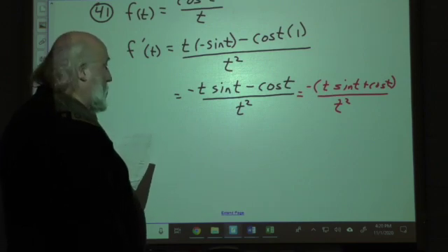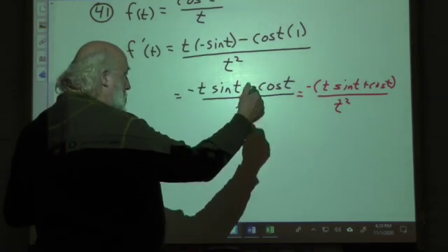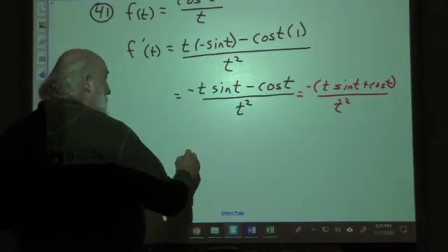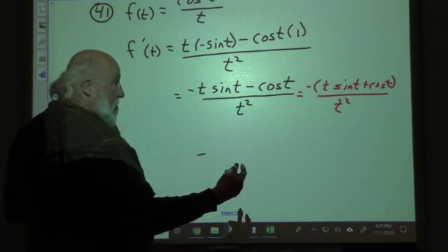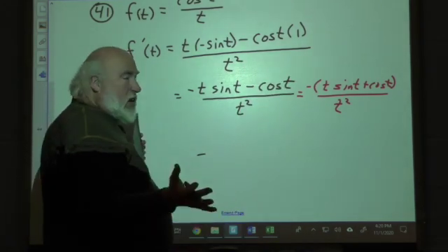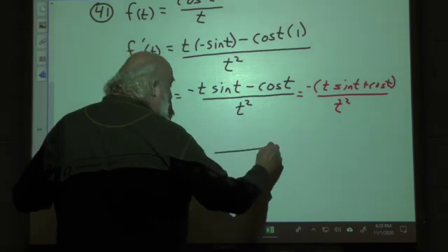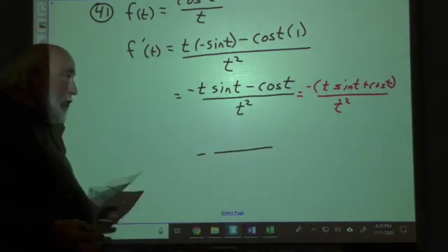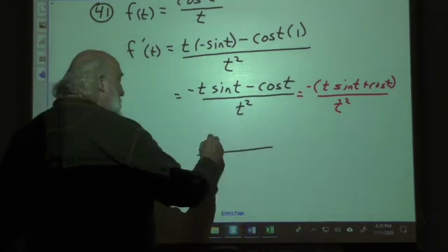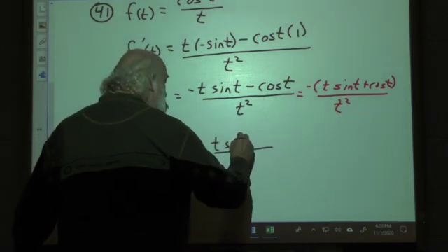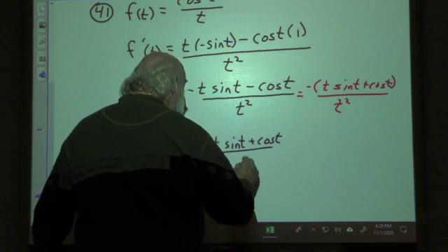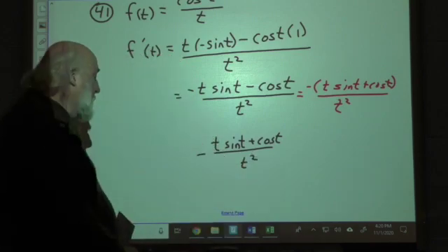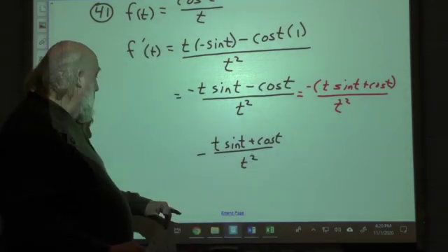I guess I should leave it like that, but I want to get rid of the parentheses, so I'll just put a negative sign in front of the fraction. We can leave it like that, which is technically correct, but a lot of times they prefer to see a negative value of the entire fraction. So this is negative of t sine t plus cosine t over t squared. I hope that didn't cost you too much to see that.